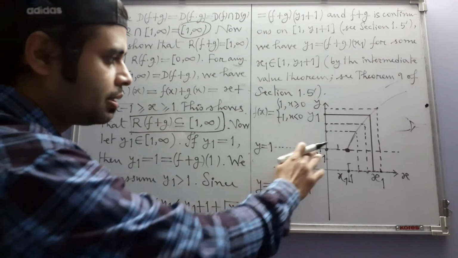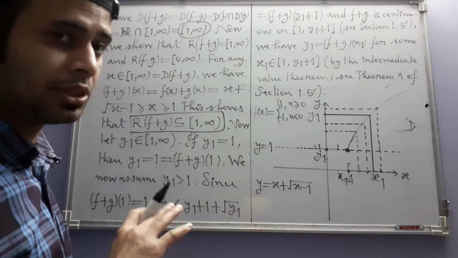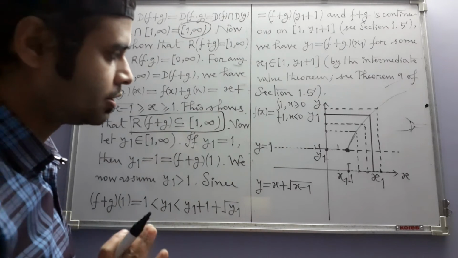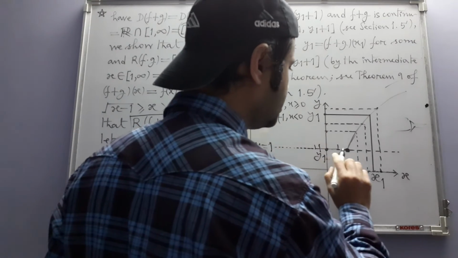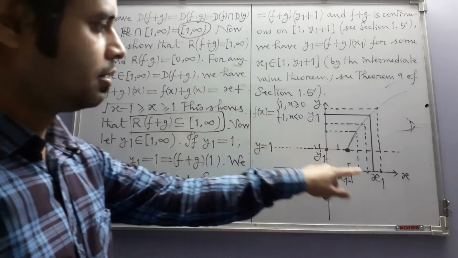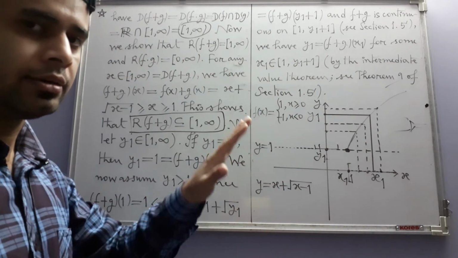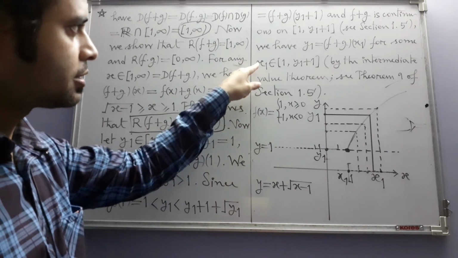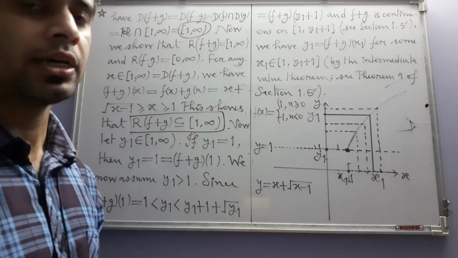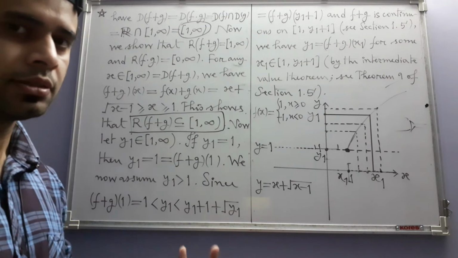So every point in this region would have failed to be an output. There would have been some such points. That is not the case here because of continuity. And the intermediate value theorem is the thing that assures us that such an x1 always can be found. This is the issue of this solution.